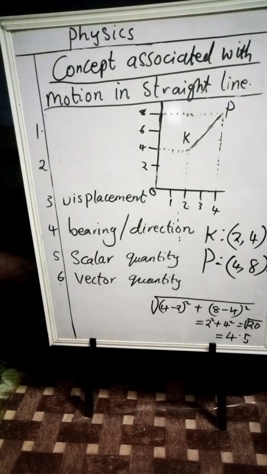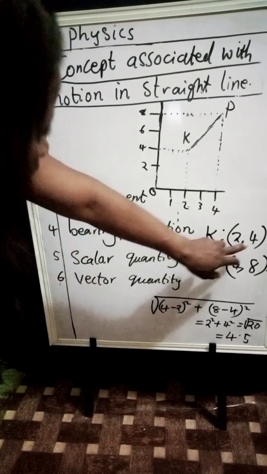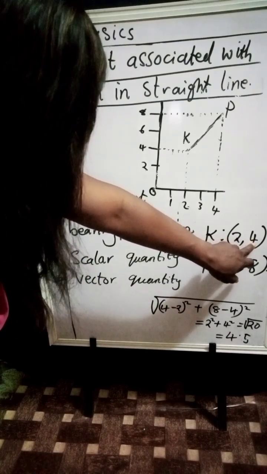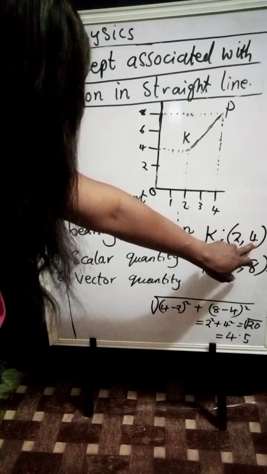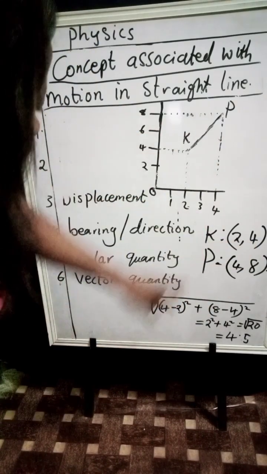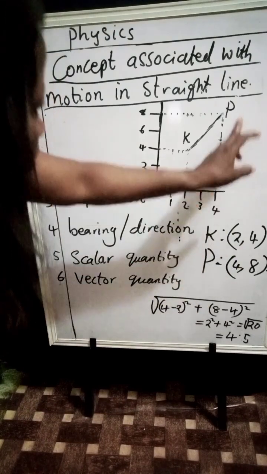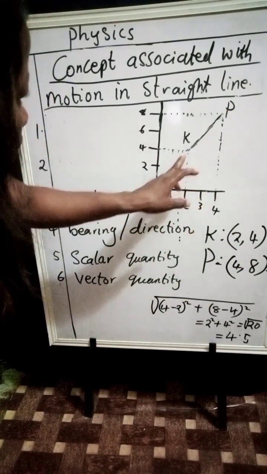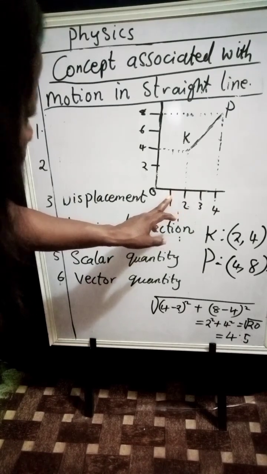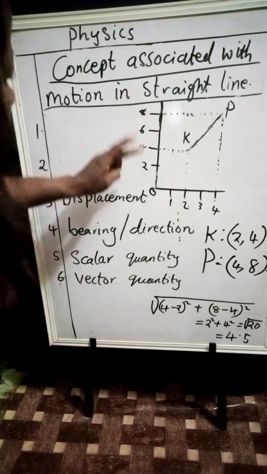You can see the straight line is equal to the higher X coordinate, 4, minus this, plus the higher Y coordinate minus this, all squared.